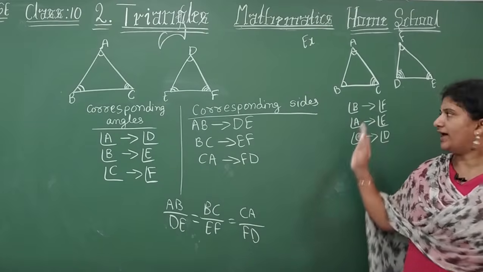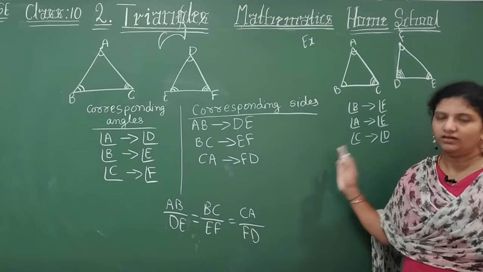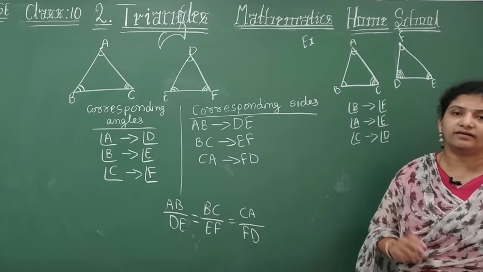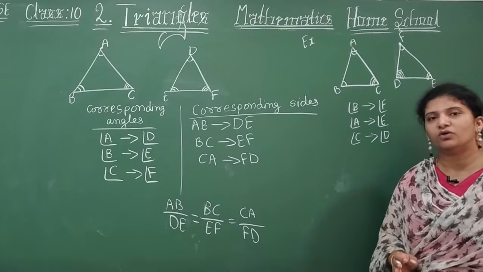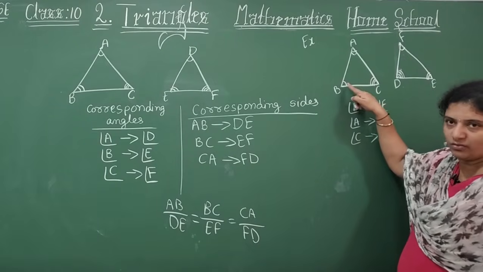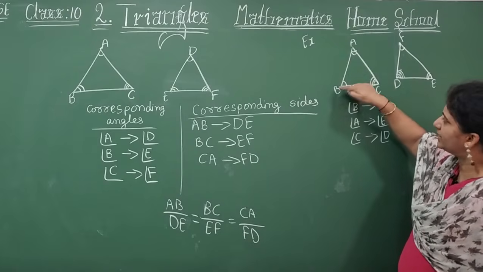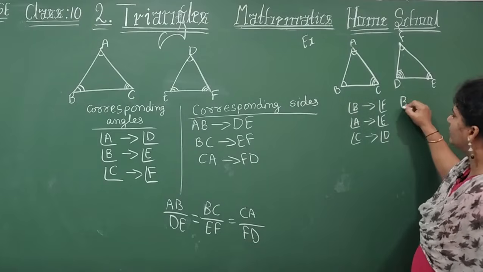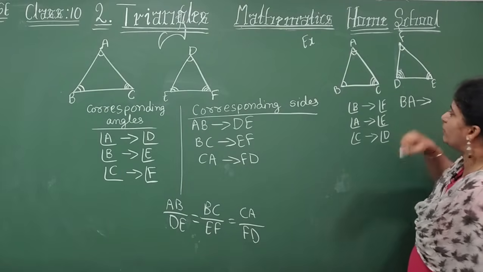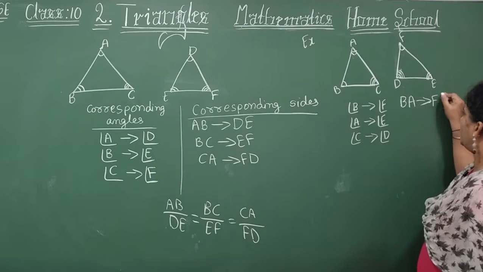Okay, now the corresponding angles we have written. Next, to write the corresponding sides, what do you do, children? Observe carefully. Let me start with one arc, two arcs. Where is it? BA, corresponding to FE.